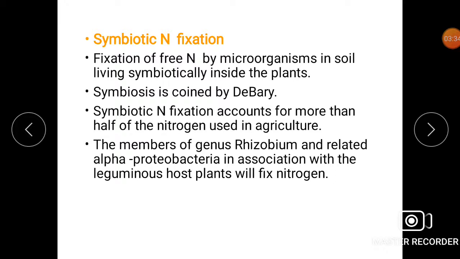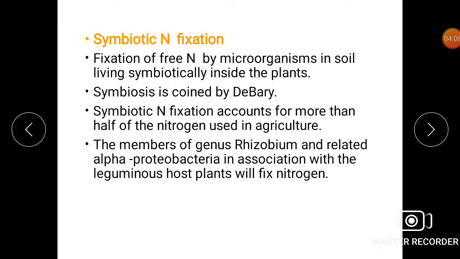The symbiotic nitrogen fixation. The symbiotic nitrogen fixers include some bacteria, cyanobacteria, actinomycetes, etc. And the bacteria include some species of rhizobium like azorhizobium. They are found in the root nodules of legumes, and several species of Klebsiella living in the leaf nodules of some tropical plants such as Psychotria.